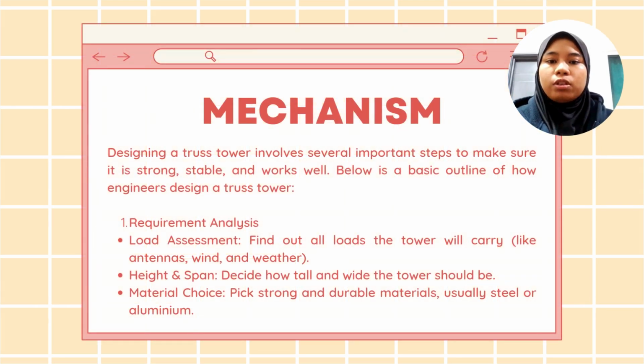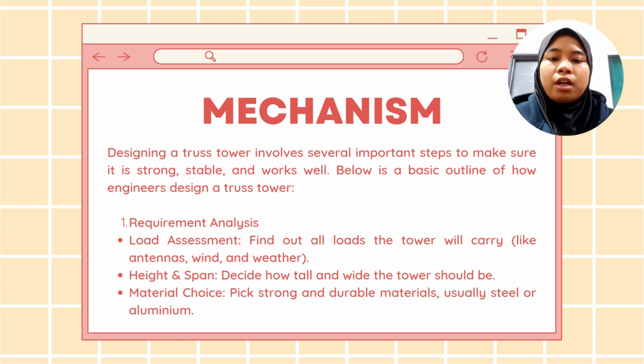Next, designing a truss tower involves several components to make sure it is strong, stable, and works well. Below is a basic outline of how engineers design a truss tower. First, requirement analysis. In requirement analysis, we have load assessment.